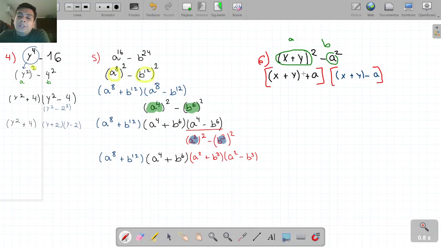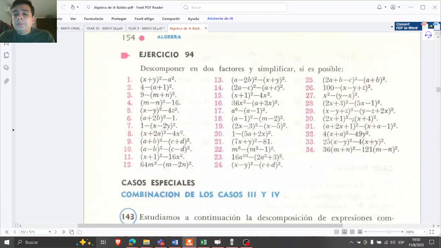Now let's arrange this because we cannot leave it like that. This is the same as writing x plus y plus a. And here we can write it as x plus y minus a. And that's it.